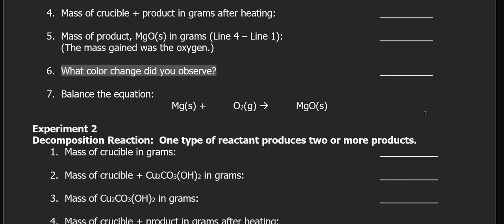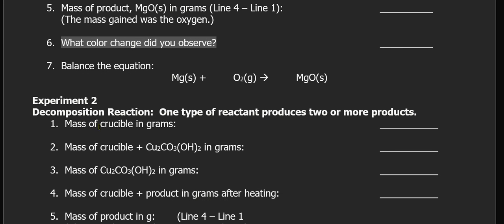So color changes, anything that you're visually seeing or feeling, any type of observation that's based off your senses, that's qualitative. So like the quality of it, the color, the shape, anything like that. Versus quantitative is about numbers. So just to give you context on what I mean by qualitative.